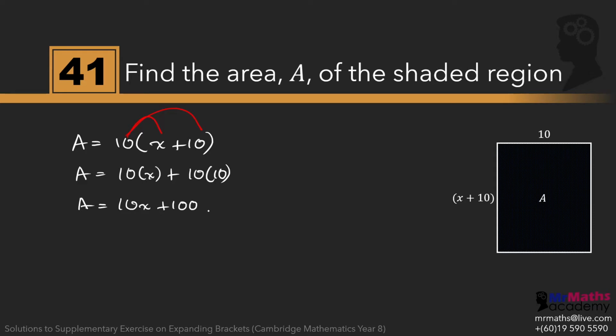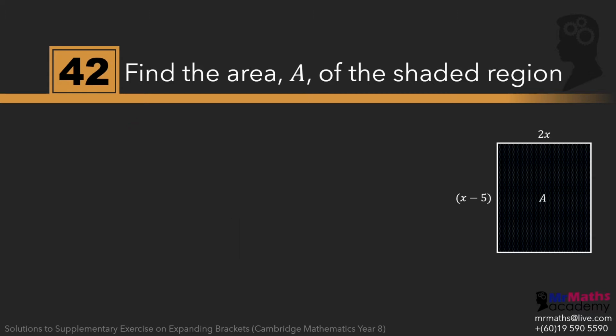Do not forget to put the unit of area, which is unit squared. Since the units for the length and width are not given, if it is meter, we write meter squared; if centimeter, centimeter squared. But since no unit is given, we assume unit squared here. So this is the area of the shaded region, or the area of the rectangle.